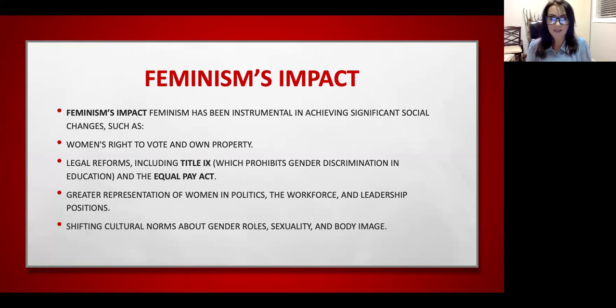Until we make these things right in society, more and more women can experience that. There are many other things, for example, equal pay for equal work, and the representation of women in politics, the workforce, and leadership positions. Those are just a work in progress.